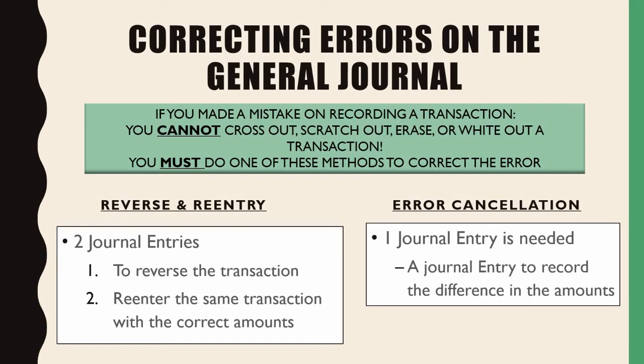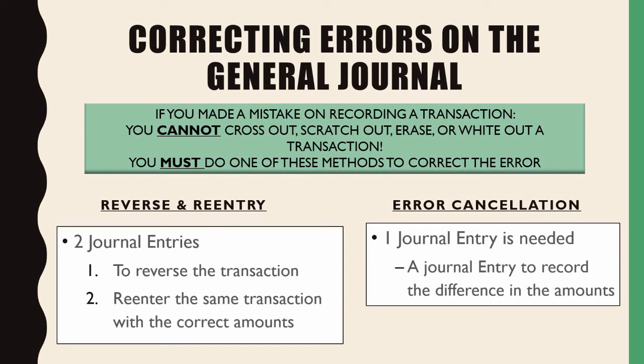Now, when we mention manual bookkeeping, where you're handwriting all of your transactions, this is the rule here. You cannot delete, you cannot cross out, you cannot black out, you cannot white out, you cannot scratch out, you cannot tear the page out, okay?